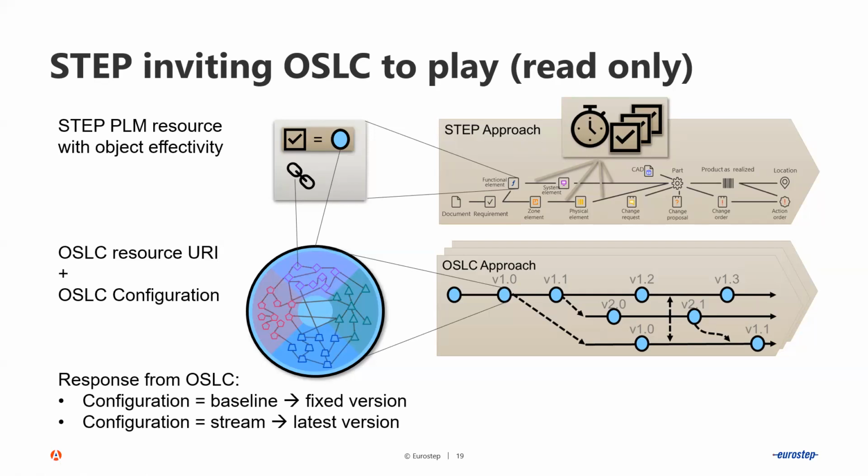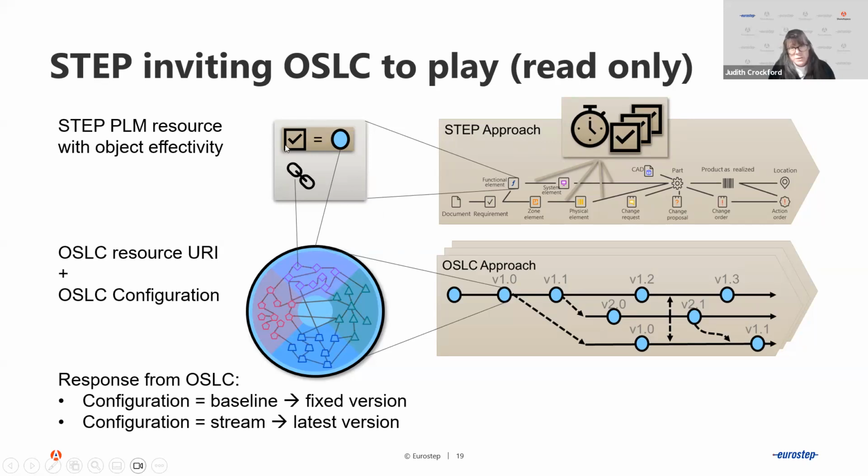But you do need those blue circles, which I assume are OSLC configuration resources. Yeah, so local configuration. Yes. So you need to implement OSLC like local configuration resources. Well, not really.